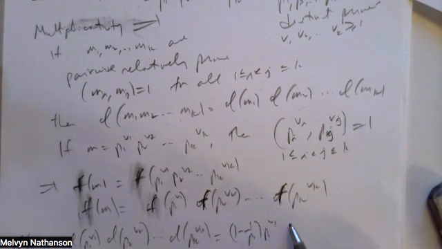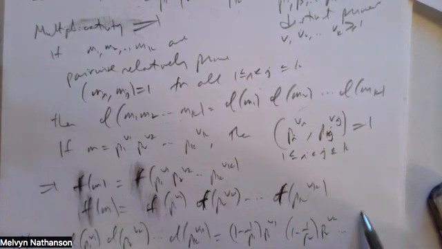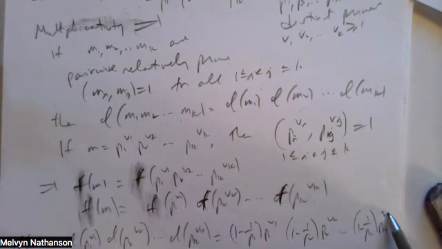But we just proved what each of these is. This is 1 minus 1 over p1, times p1 to the v1, 1 minus 1 over p2 times p2 to the v2, up to 1 minus 1 over pk times pk to the vk.